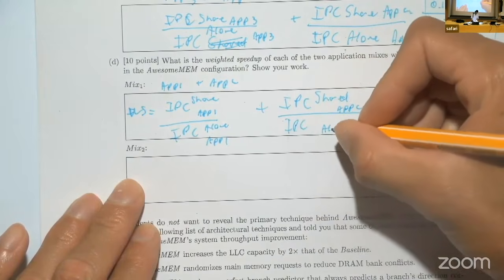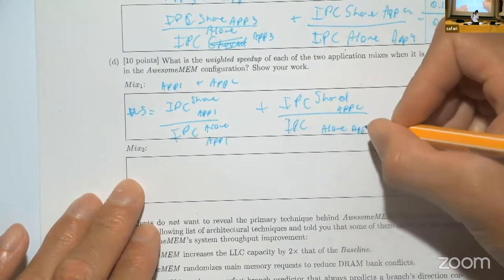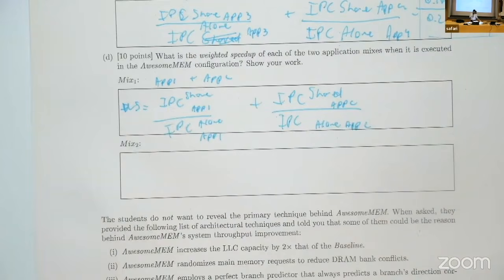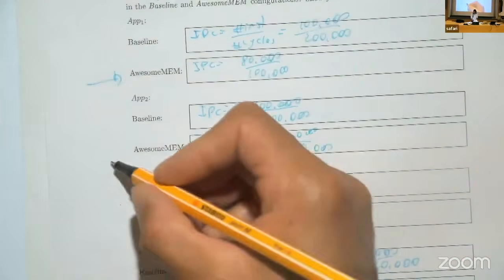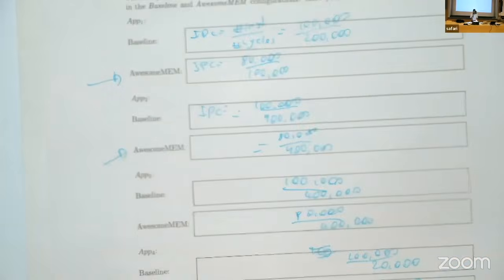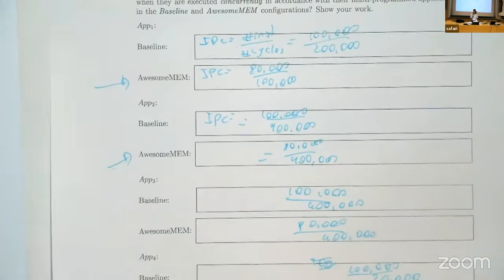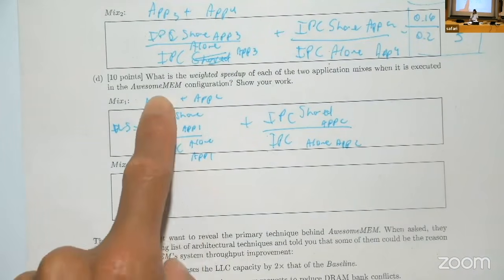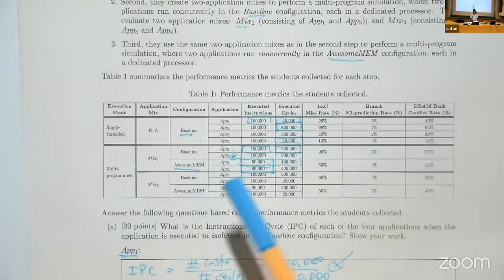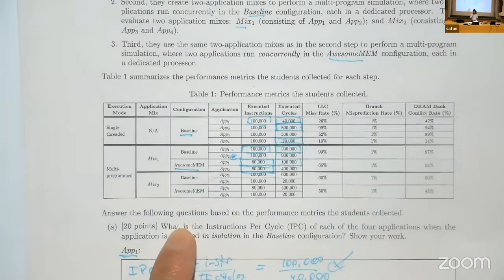divided by IPC alone of app2. If you look at the previous questions, we already calculated the IPC shared of app1 and app2 in the awesome configuration, so you have them here. But we don't have the IPC alone of app2 running on the awesome configuration, and this information is not given in the table, because you don't need it.